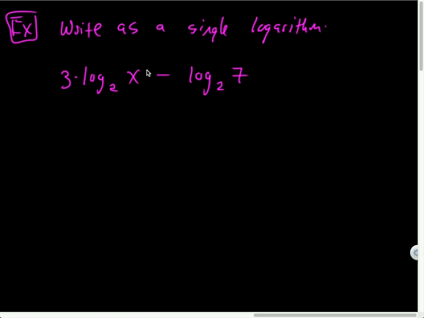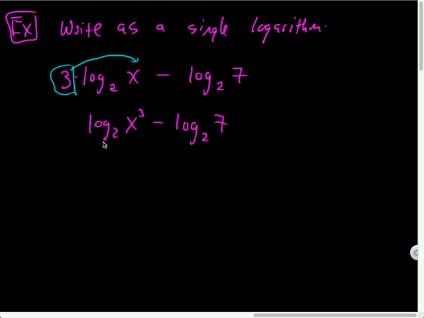Not yet. I have to prioritize multiplication before I do subtraction. But you are right that eventually I'll be able to do the x over 7. It turns out I can use my power property in reverse. So that's log base 2 of x to the third minus log base 2 of 7.